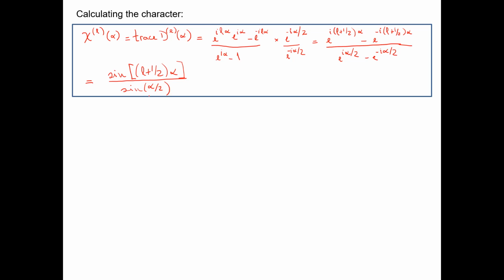So this is the result. This is the character then for this symmetry operation, rotation about an angle alpha, for any value of alpha.